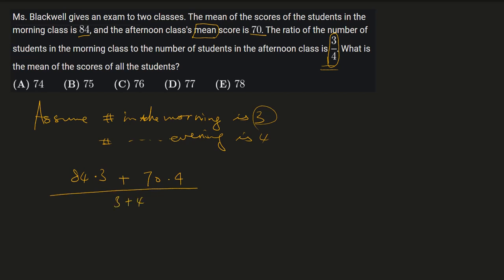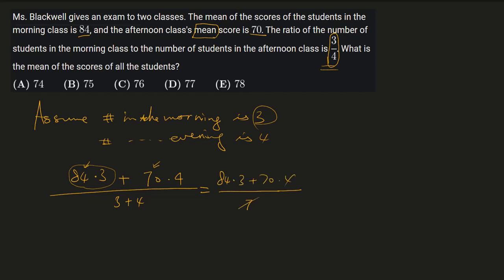So that's 3 plus 4. Let's simplify this expression. So we have 7 on the bottom. One thing we have to realize is that 84 and 70 are both multiples of 7. Then we should not do the multiplication first, because we can simplify the numbers. So this is 84 times 3 plus 70 times 4.